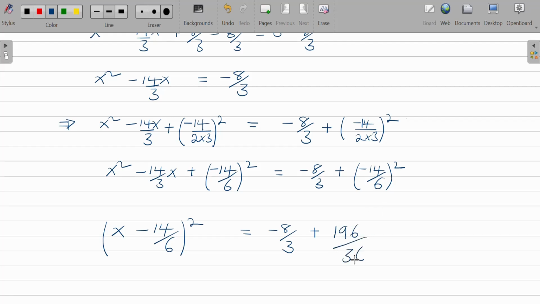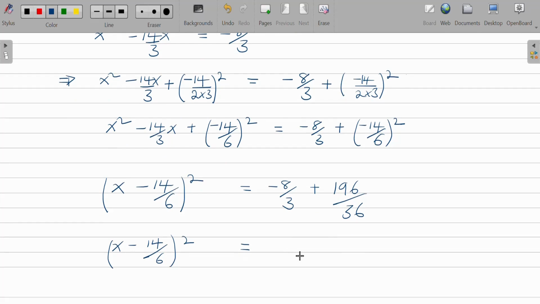So we have x minus 14 divided by 6, the whole of it squared, equals, as we simplify, we get the LCM, which is 36. Then 36 divided by 3 gives 12, then 12 times 8 gives negative 96, plus 196 over 36.